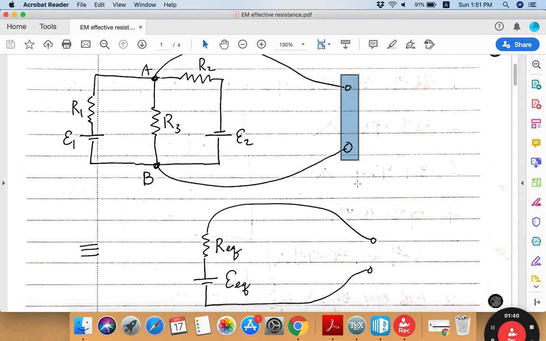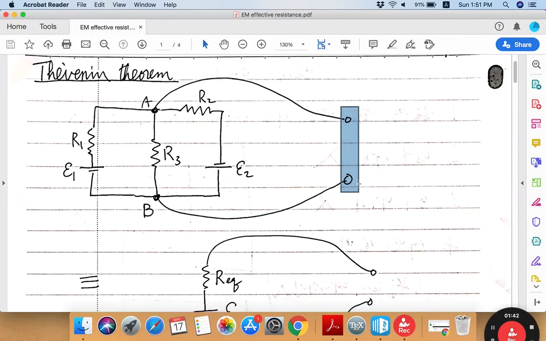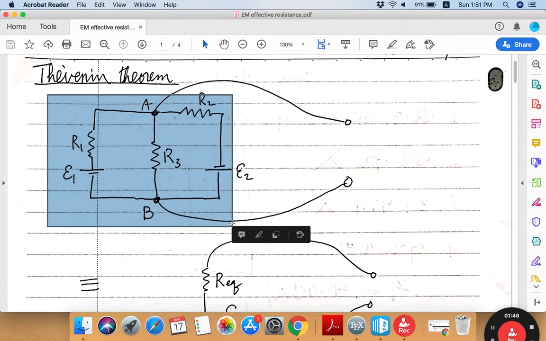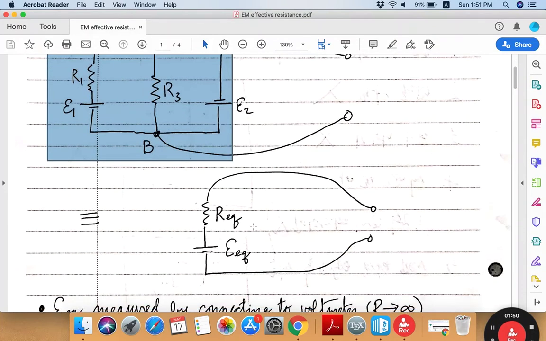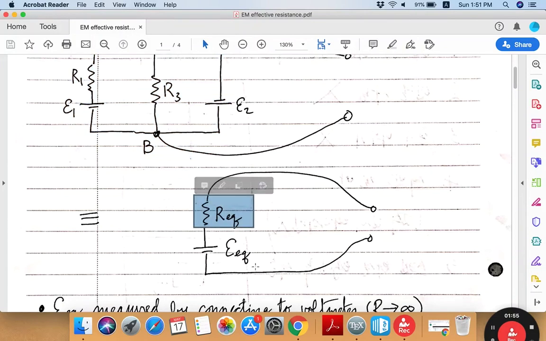Then the issue is whether you can summarize the features of this entire network of resistors in terms of the overall equivalent resistance and the overall equivalent voltage.